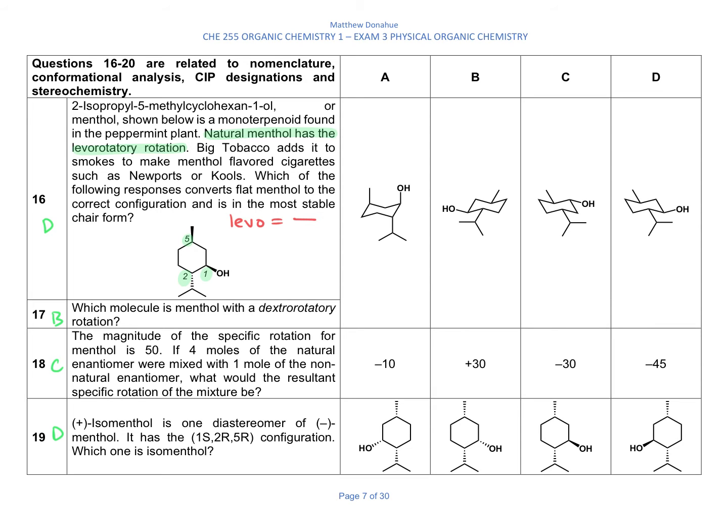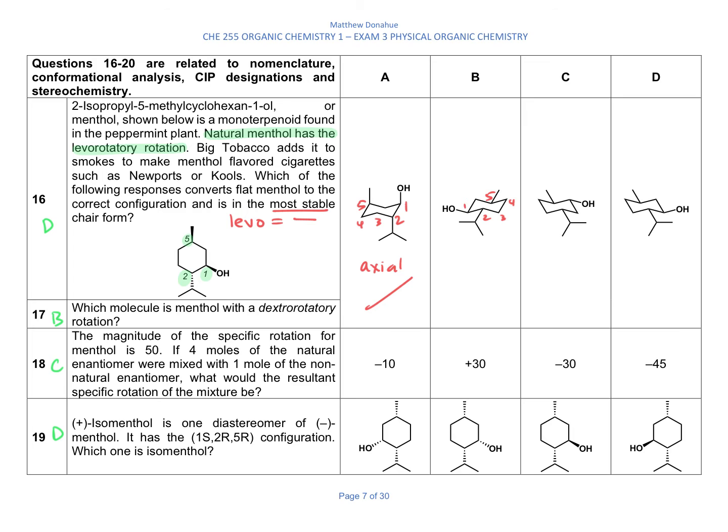We look at A. There's alcohol at 1, isopropyl 2, 3, 4, 5. So that has the correct relative relationship, but these are all axial, and the question's asking you most stable. So that one, we can eliminate. What about B? So 1, 2, 4, 5. Oh, that looks pretty good. Is that right? Let's go ahead and look at the other ones.